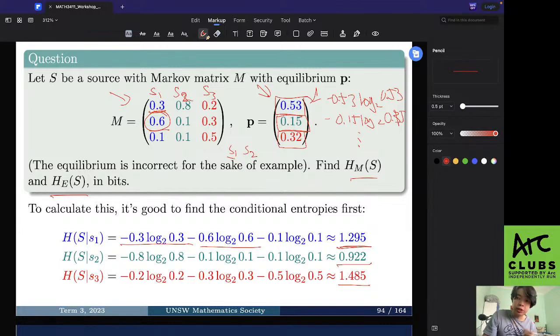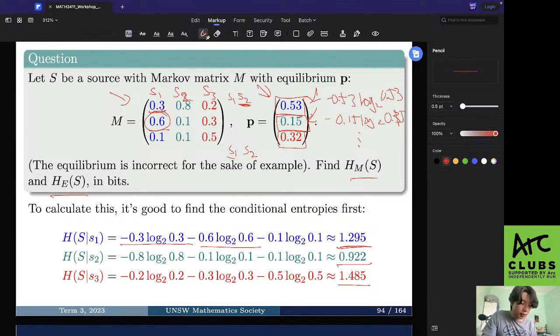But let's say we just use the equilibrium. If we got an S1, we don't really care about what we just got. We just care about the thing that we currently got. And in this case, we see that it has a chance of 0.15, which is the lowest probability, and we'd be a lot more surprised if we see that if we use the equilibrium.